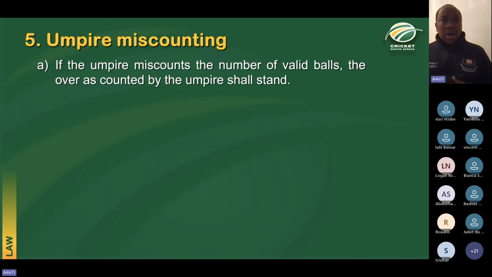If the first ball of the over is a no ball, that means there's still 6 balls remaining in the over. How do we show 6 balls remaining in an over? The fist is the internationally recognized signal for 6 balls left in the over.